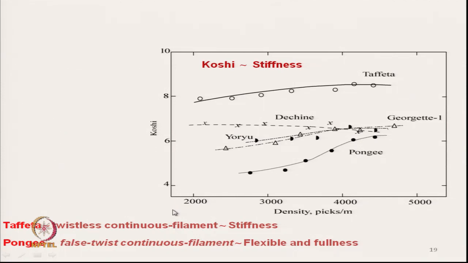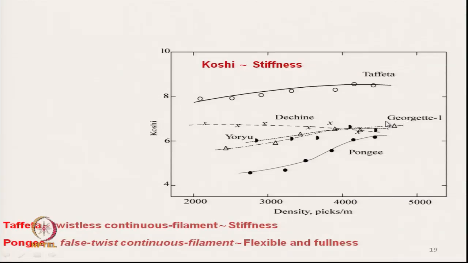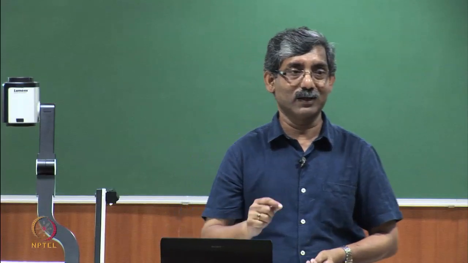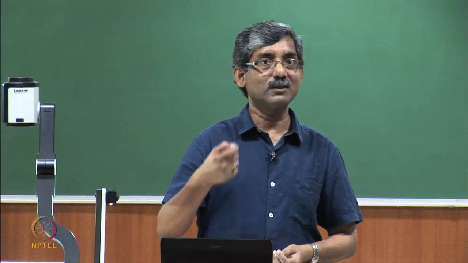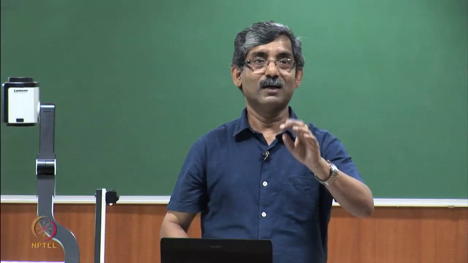With the effect of twist, georgette and chiffon have much lower stiffness than taffeta, which is made of twistless weave. That means by changing the twist level, we can control the stiffness of fabric. If we want lower stiffness, a limp fabric, we must go for higher twist. So, if we increase the twist, the fabric becomes limp.